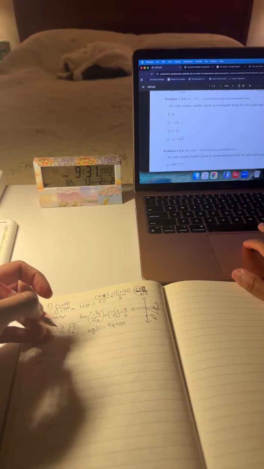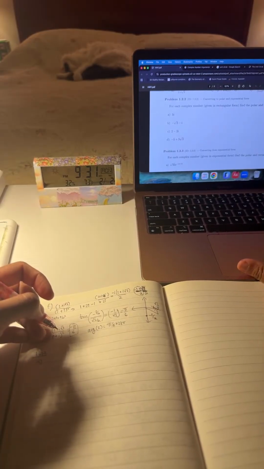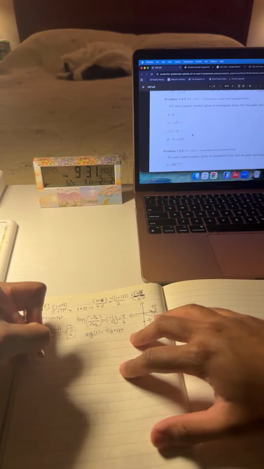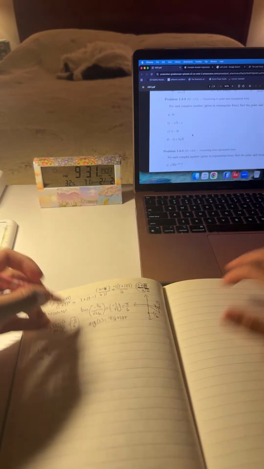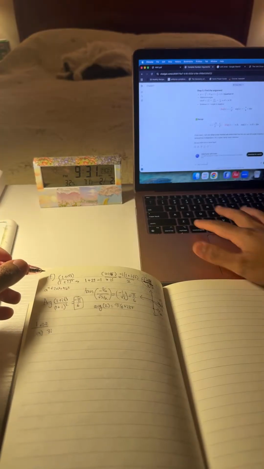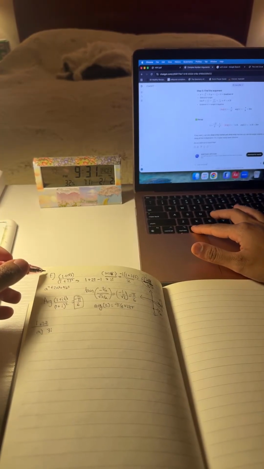So part A, for 3i: for each complex number given in rectangular form, find the polar and exponential forms. So 3i, the polar form is like cosine plus i sine.